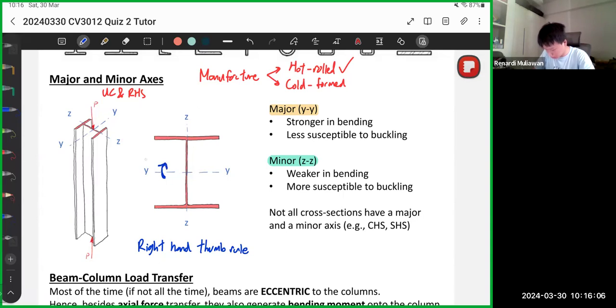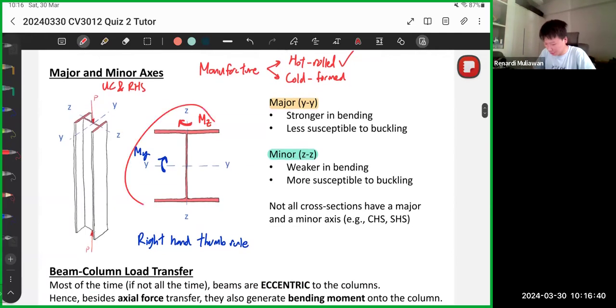So this is MYY or MY. And then for Z, it's along this axis. So this one is MZ. This is a common mistake because people usually flip the two. They thought the YY means that way. No, that's not the case. So use the right hand thumb rule, or just thumb rule in short.